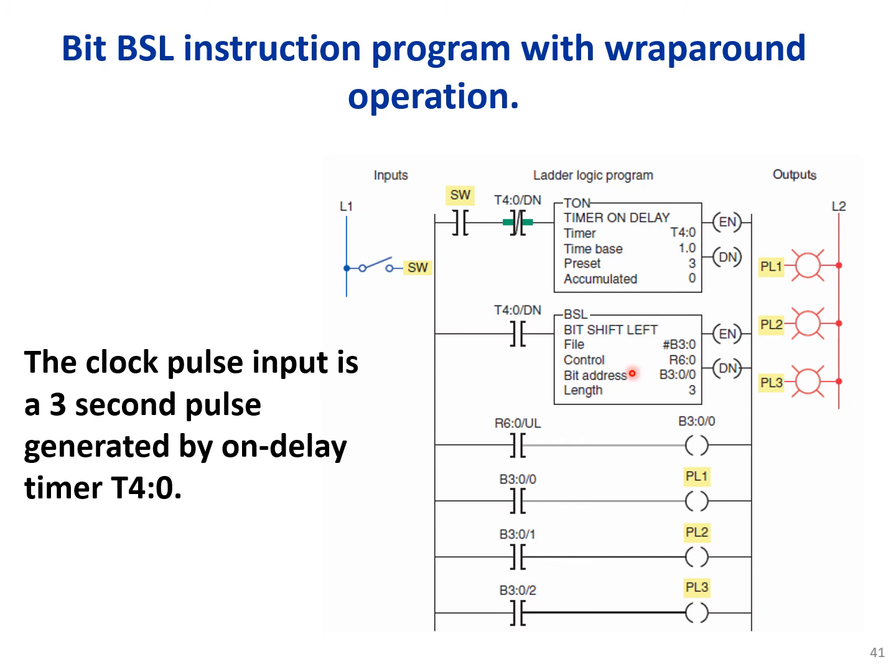Okay, and we are turning on and off these pilot lights based on the bits in the bit register. So the first, second, and the third bits. So we could change the status of these pilot lights based on what we have in the bit register.